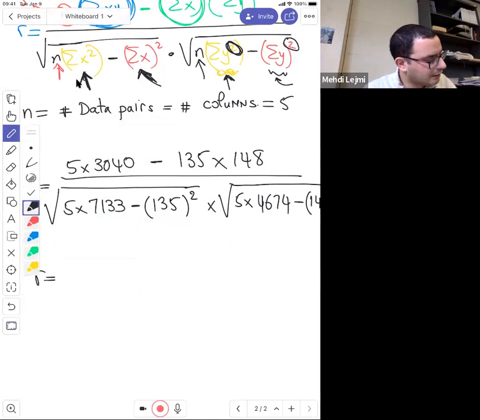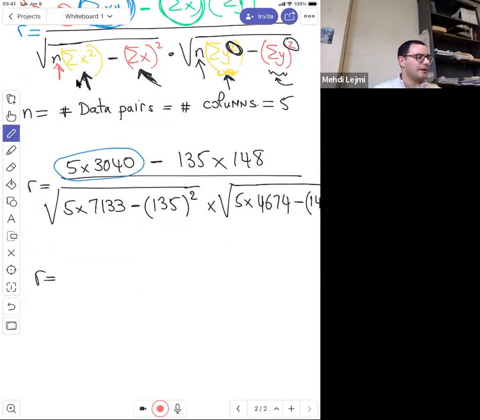We have these two numbers here. So 5 times 3,040, which is 15,200. So this is 15,200. I just multiplied the 5 by the 3,040. Minus.